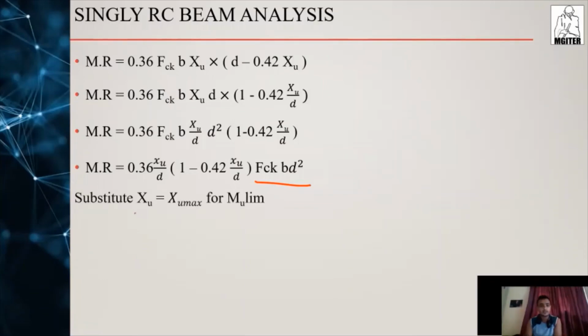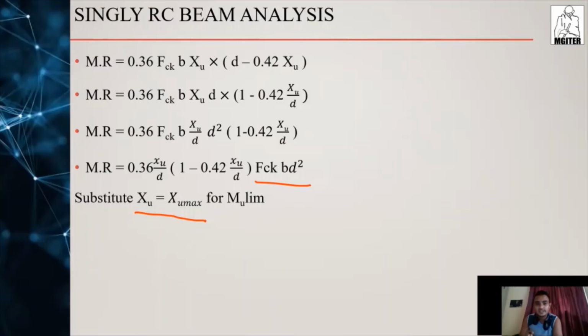And then substitute xu equal to xu max to find Mu limit. Why do we substitute xu equal to xu max? Simple logic, look at here. What is xu max? Xu max is the maximum depth of neutral axis. Maximum depth of neutral axis means the depth at which your structure can fail.